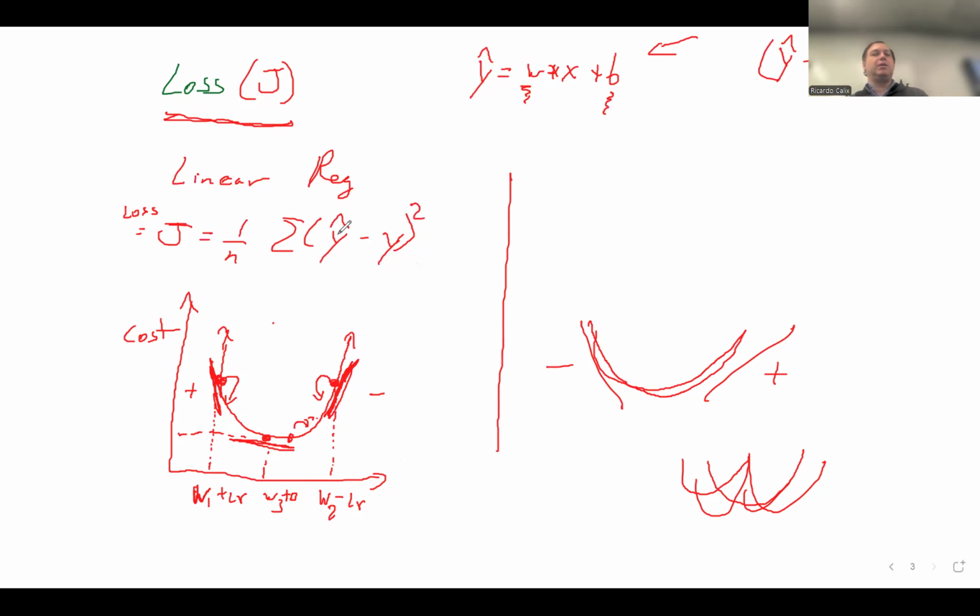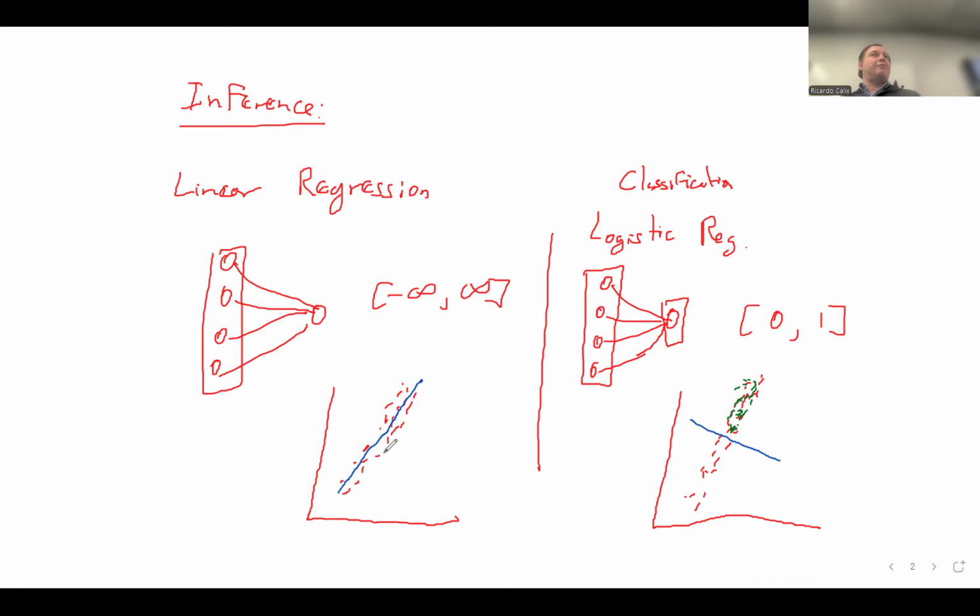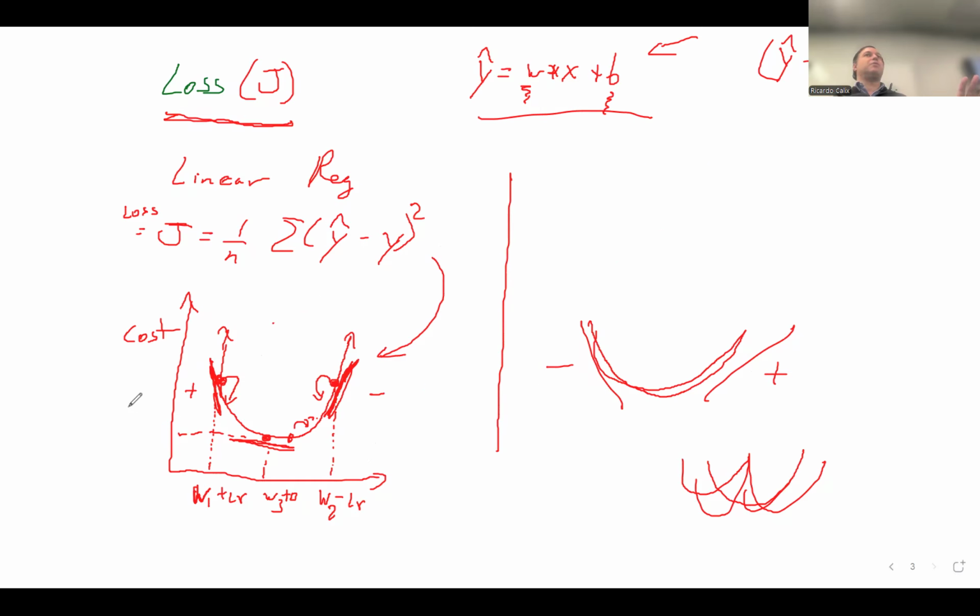Remember, the loss is the function that represents this one, whereas this one here is only this graph. There are two graphs involved, okay? And they're not the same space. This is the space of the inference function, the line, and this is the space of the loss function, a different one. Related, but a different one.